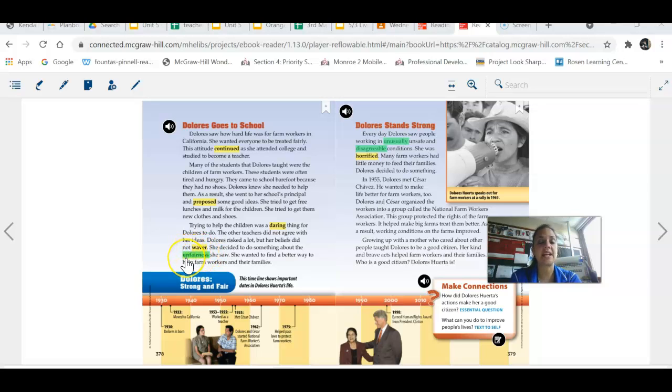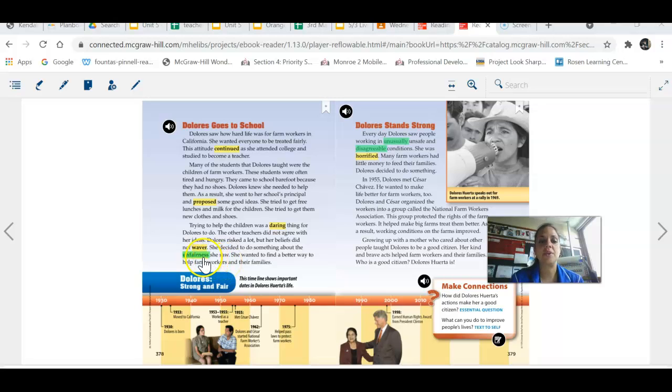Remember, a prefix is added to the beginning of the word. A suffix comes at the end. And the root word is the word that has the meaning. So let's read our sentence.